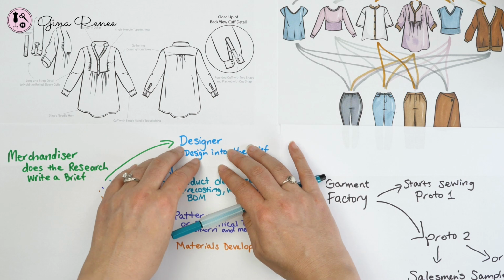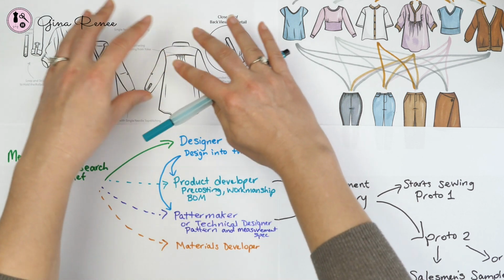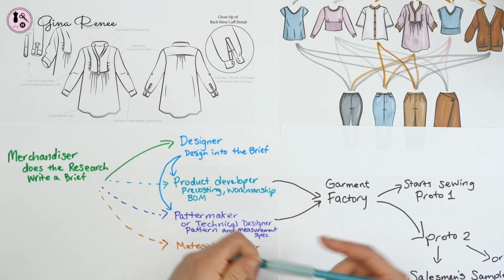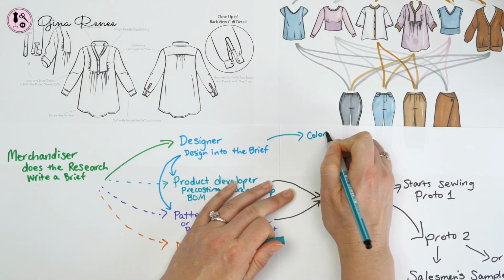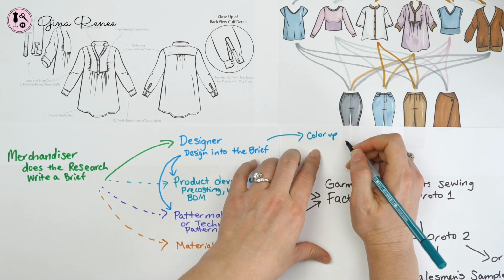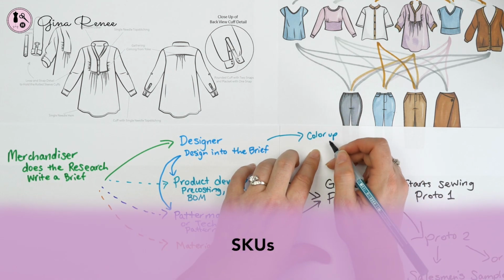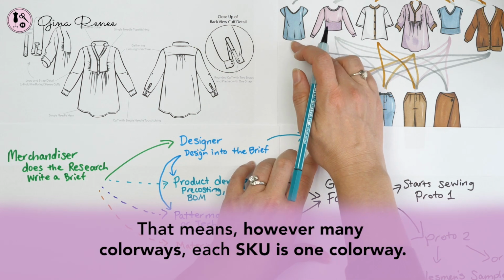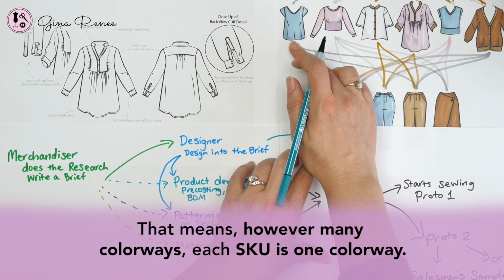But that designer is then, after that process is done, black and white's done, let's go to the color. Then they have to color up all the styles, which are then called SKUs. SKU means however many colorways, each SKU is one colorway.